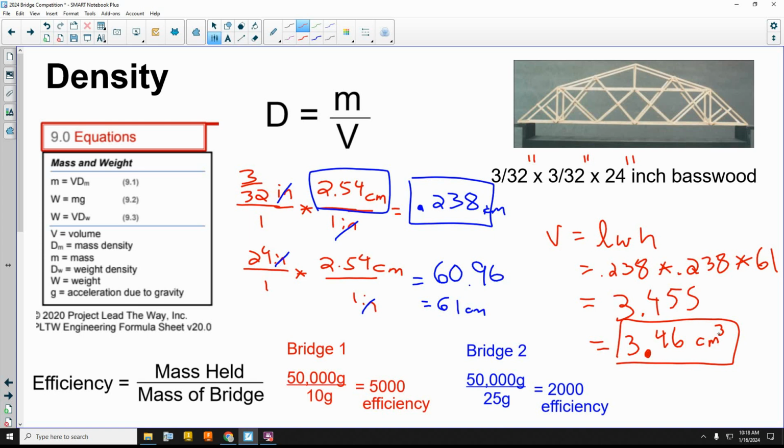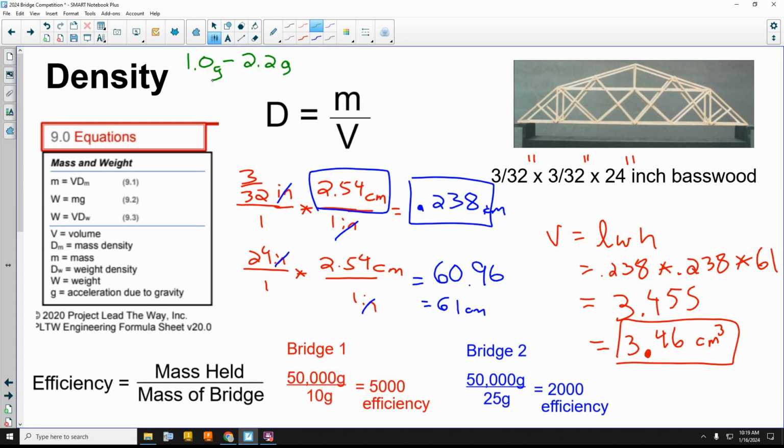We'll use one of my bridges as an example. Wood grows at different rates, has different moisture content, and it varies a lot. So one of those basswood sticks will weigh from 1 gram all the way up to as much as 2.2 grams.